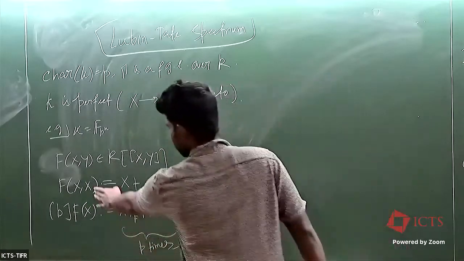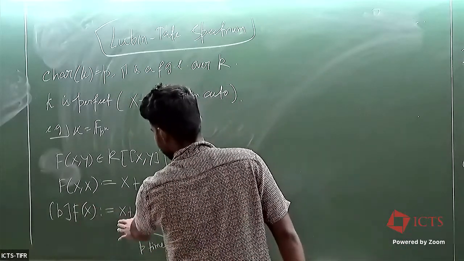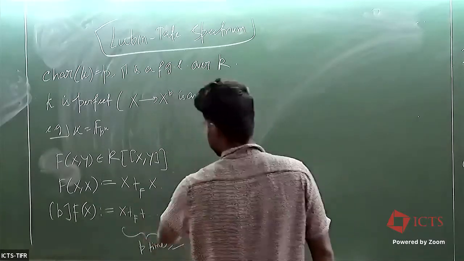So I take an F and I take the p-series of that, meaning x plus iterated sum p times.